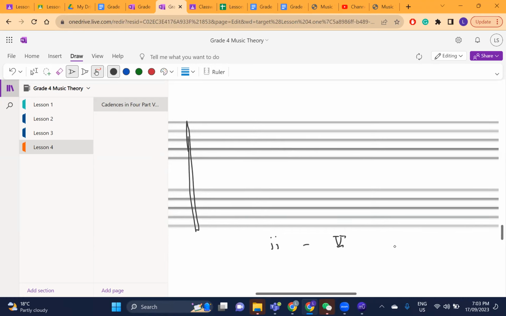So here we have our imperfect cadence. 2, 5, 1 in F major. Looks like this. G, B flat, D, G, C, E, G, C, and F, A, C, F. I'm writing this just to show you your working out process.